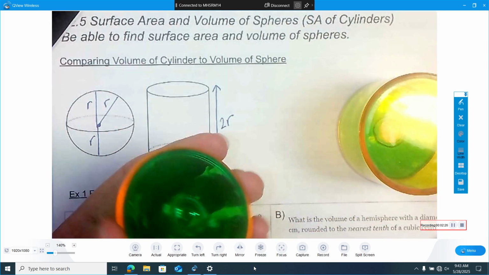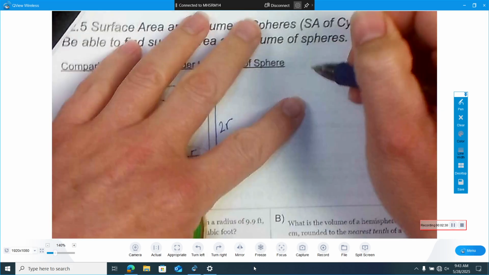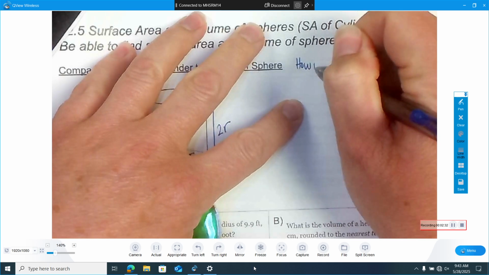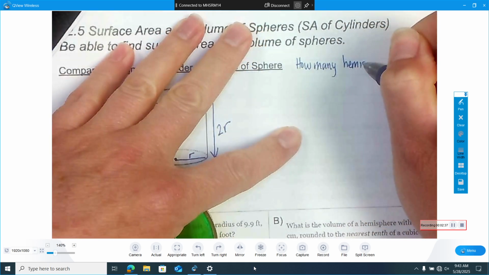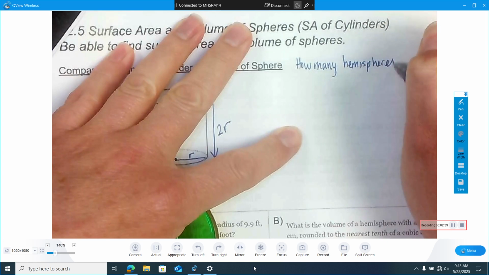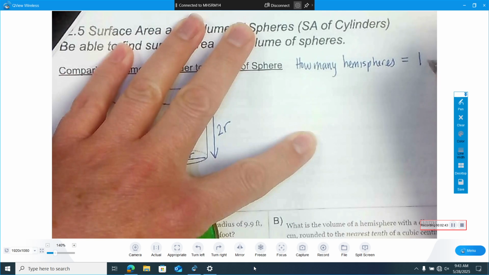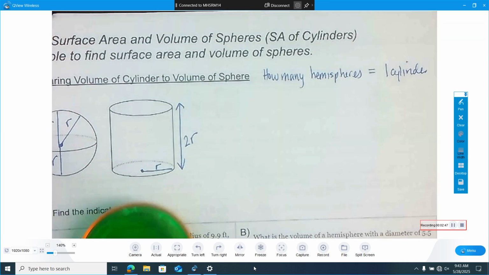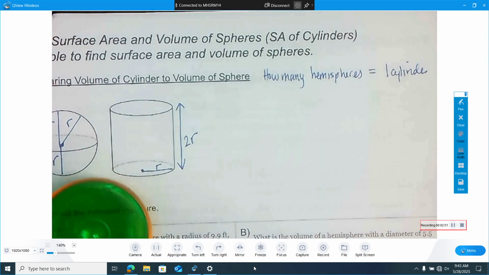We're going to compare how many hemispheres equal one cylinder, in terms of volume.